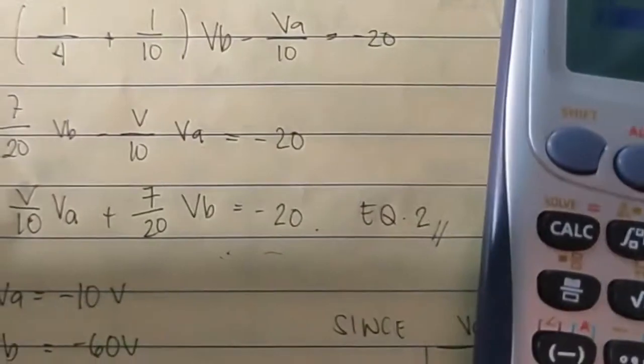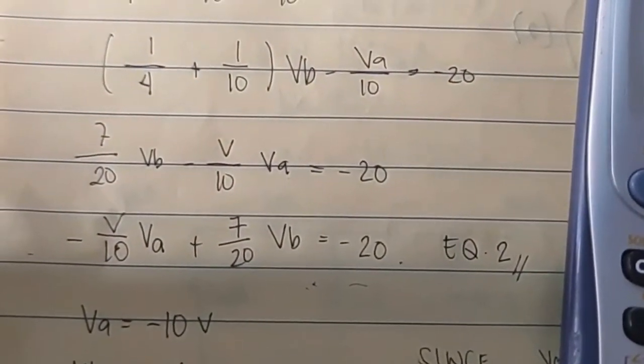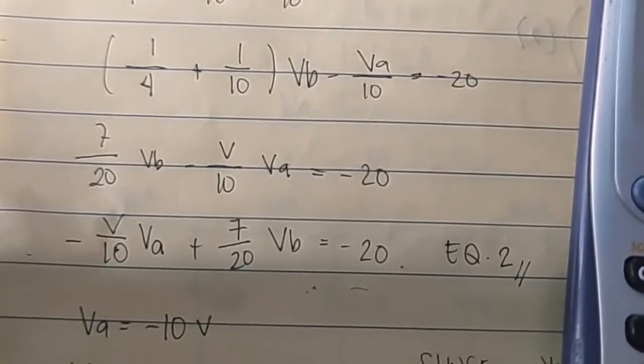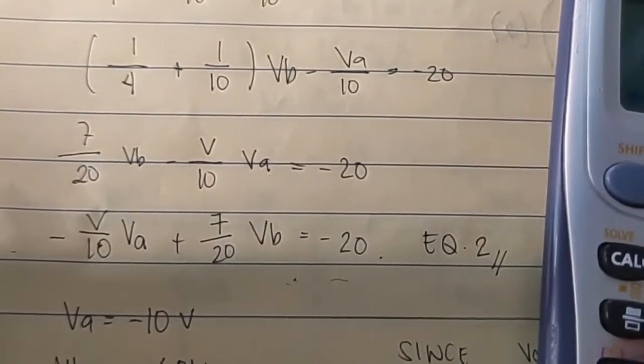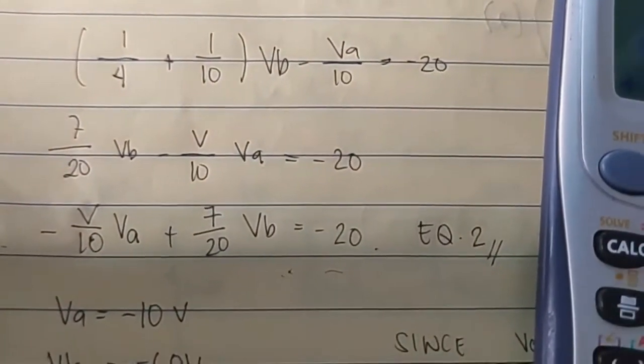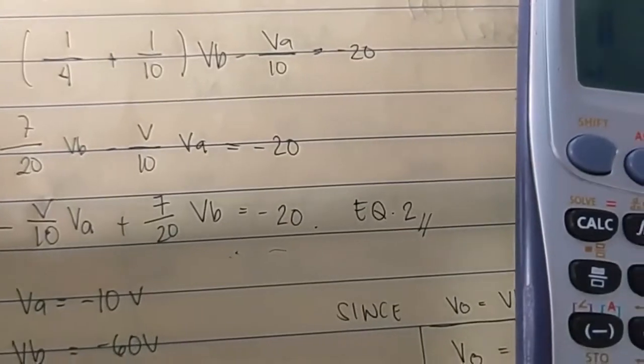After equation 1, we apply equation 2: negative 1 over 10, plus 7 over 20, negative 20.